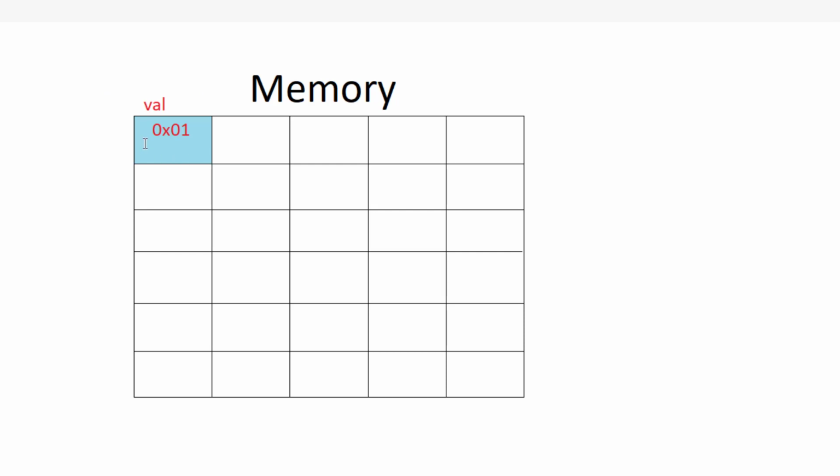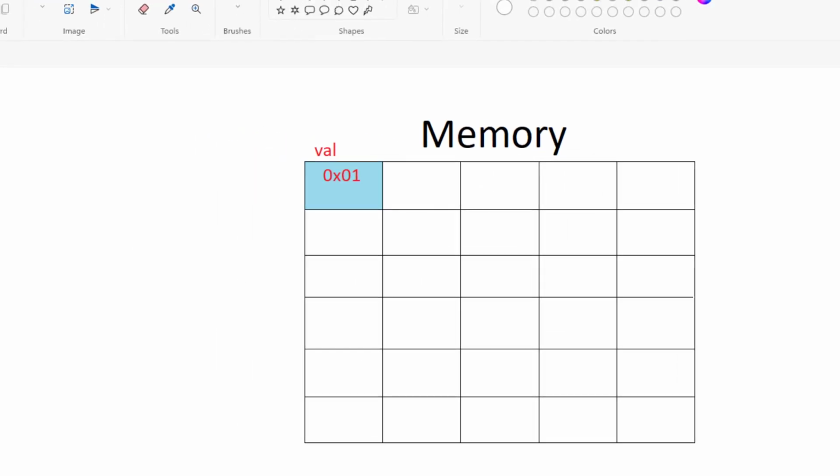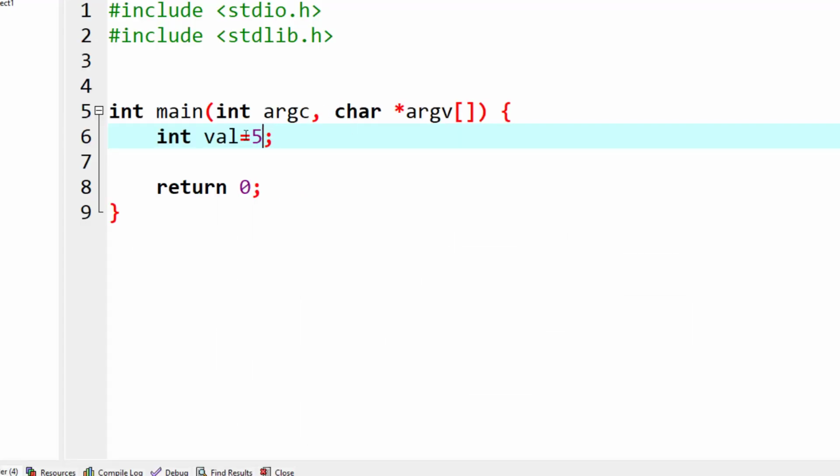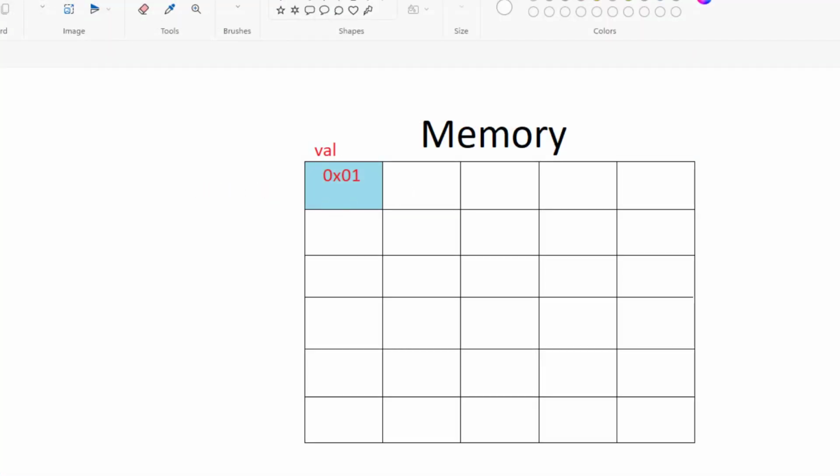At this memory address we have to store some data. By default, when we don't initialize any data, the C language assigns it a value of 0. So 0 will be stored here.